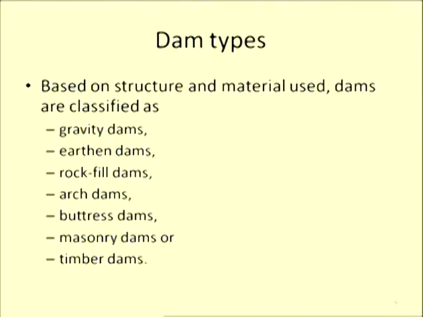Rockfill dam, arch dam, buttress dam, masonry dam, and timber dam are also important dams, but they are created for a particular situation. A rockfill dam would mostly be created where rocks are easily available. An arch dam is constructed when a particular foundation is available, so that it can carry the load of the dam through the abutments, the side pillars where the whole dam is constructed.